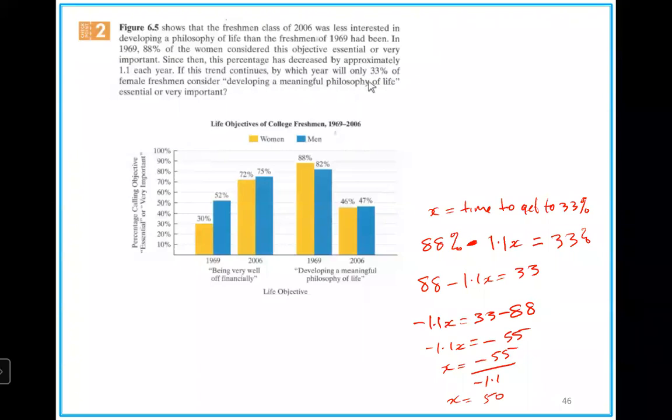You'll say it will take 50 years, or until 2019, for female freshmen to consider developing a meaningful philosophy of life essential or very important.